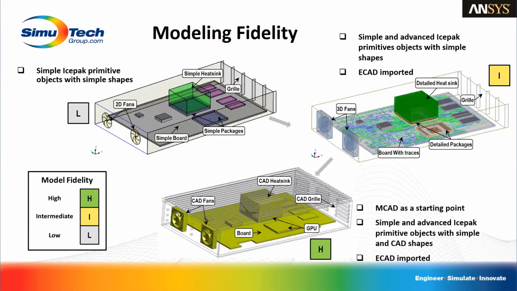This type of workflow is also what you will expect to see within electronics desktop, and it would be much more common to use this high fidelity workflow than it would be to use the low fidelity, that is, building all of the objects within the electronics desktop interface. Typically, it's much easier. It's more of a CAD-centric software interface now, so you want to bring in your MCAD as a starting point, but you can always add objects to that within the interface.